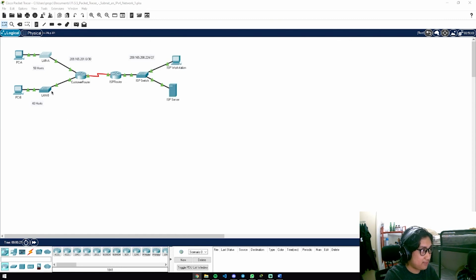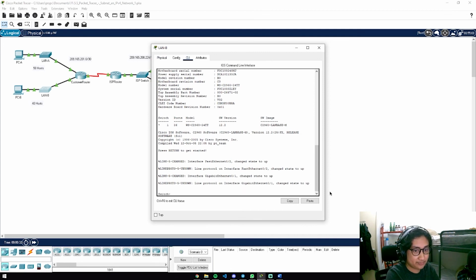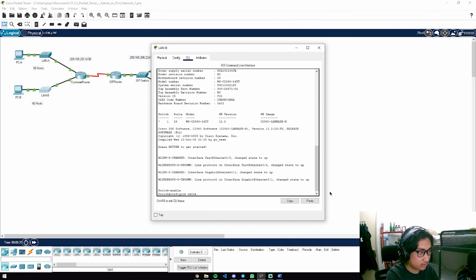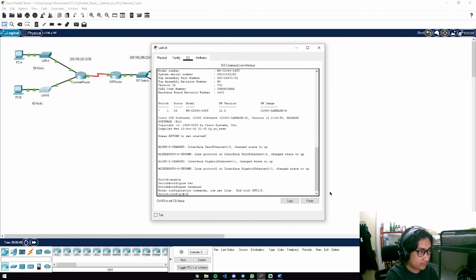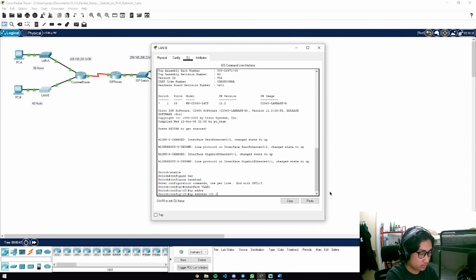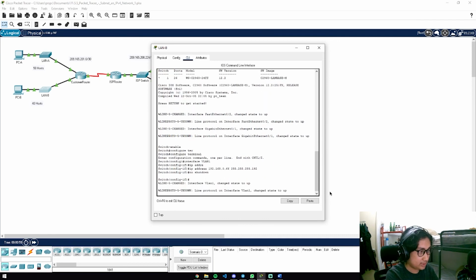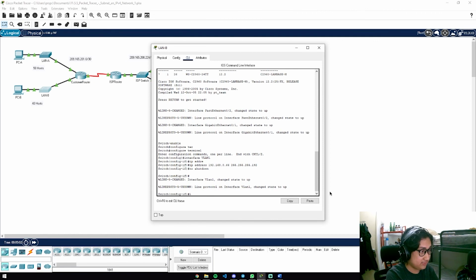And we have to do the same thing for LAN B, except that it's for their own IP address. So here we type in enable, configure terminal, we interface VLAN 1, set the IP address to 192.168.0.66 with its subnet 255.255.255.192, and then type in no shutdown and set its default gateway again.